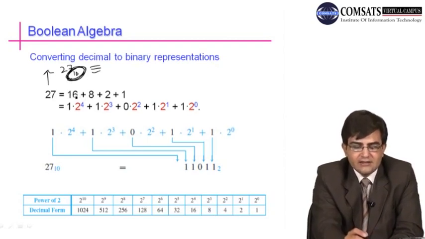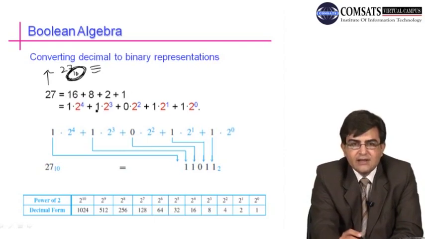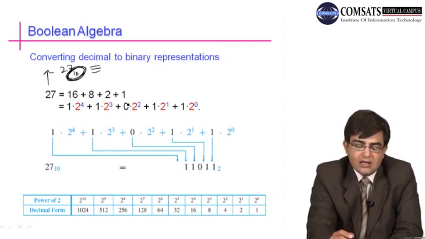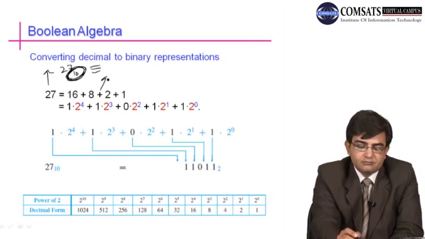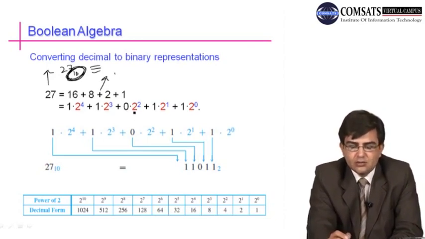27 can be written as 16 plus 8 plus 2 plus 1. So 16 can be written as 1 into 2 power 4, plus 8 as 1 into 2 power 3, and we have a missing number here, so we write 0 into 2 power 2, plus 1 into 2 power 1, plus 1 into 2 power 0.